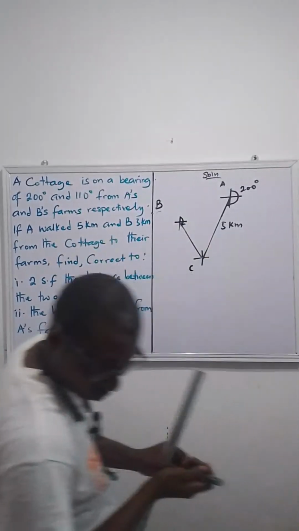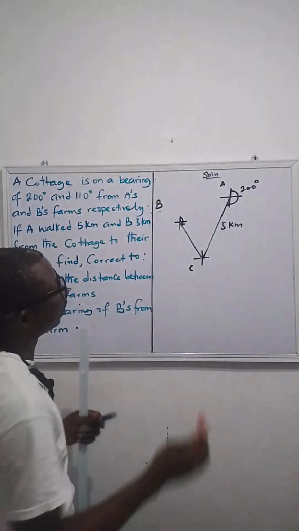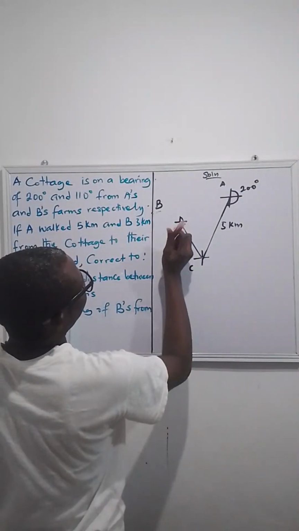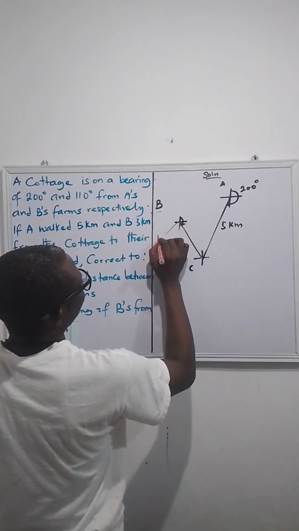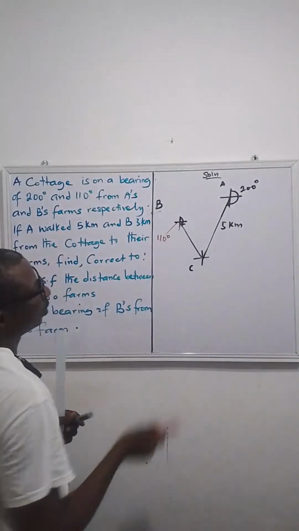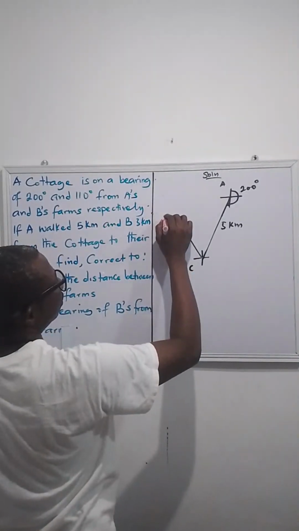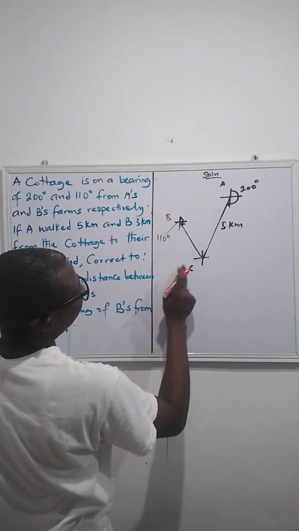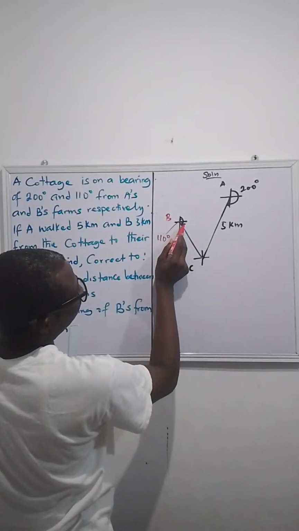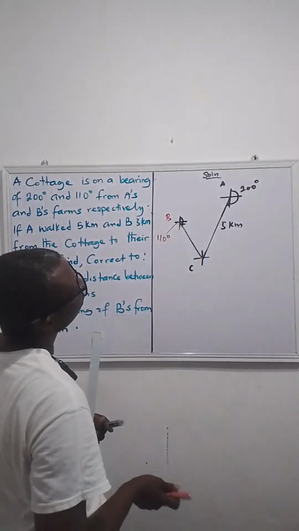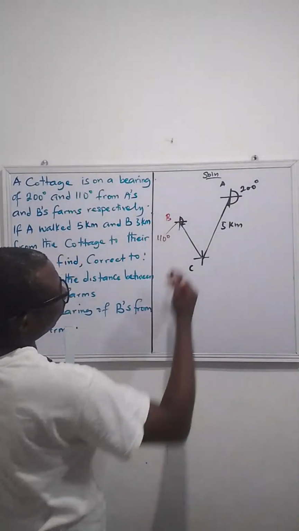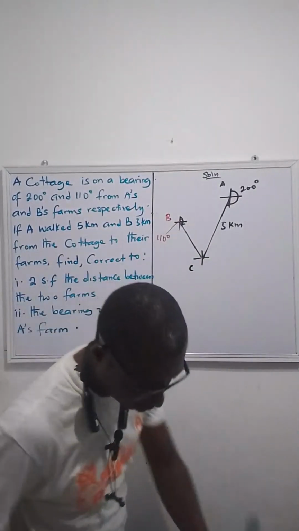So here we have angle 110 here. This is 110 degrees from B. So we have a very small angle. We should have a very small angle here. So probably it's supposed to tilt toward this.